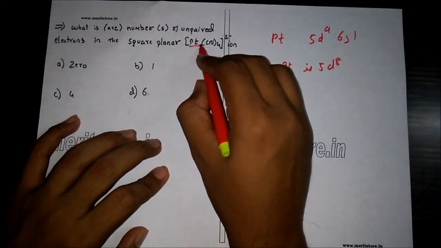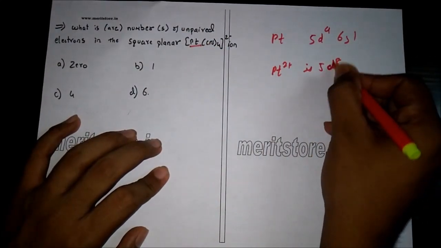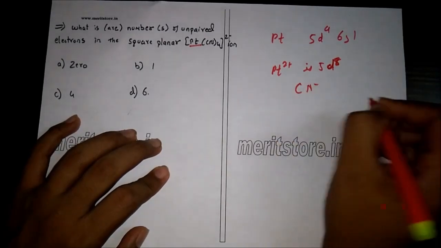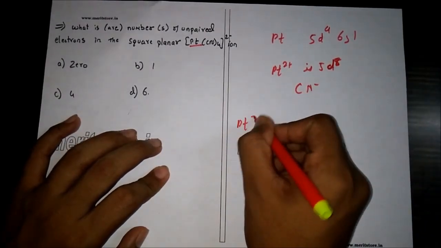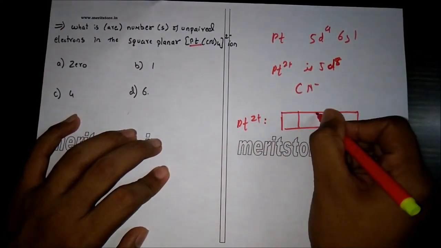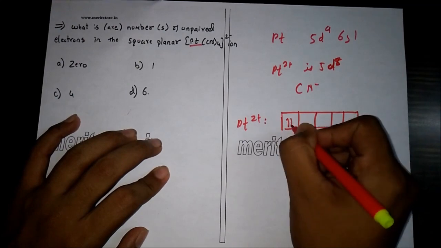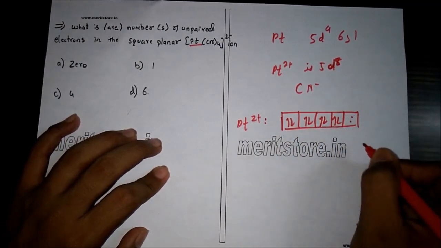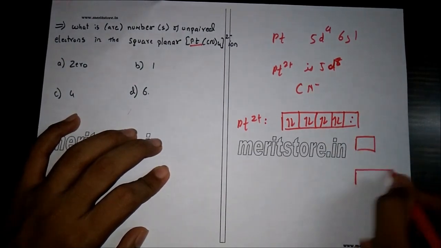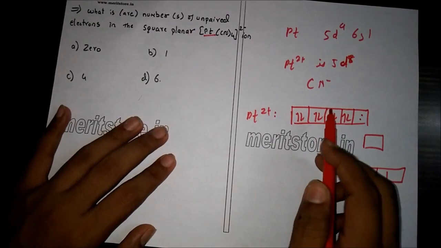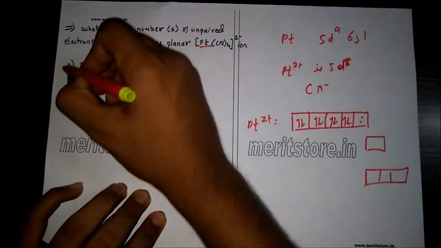Since CN is a strong field ligand, pairing will take place. Therefore Pt2+ will have the following pairs. All the electrons will be paired, and one orbital will be empty, and it has this hybridization. Therefore all electrons are paired and there are zero unpaired electrons. So the correct answer is option A.